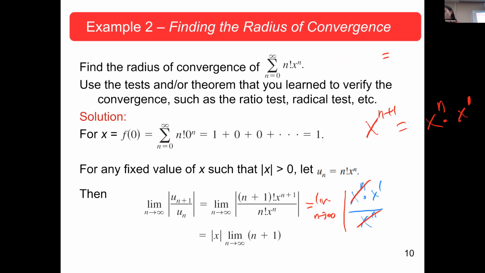If you don't see it, n plus 1 factorial really means n plus 1 times n times n minus 1 times n minus 2 times n minus 3 times dot, dot, dot. Isn't that what that means? Factorial means 3 factorial means what? 3 times 2 times 1, 1 less each time.